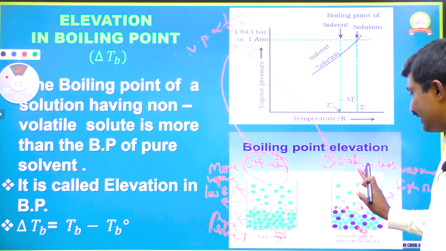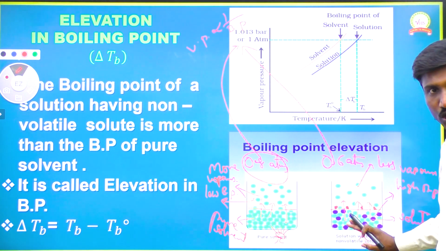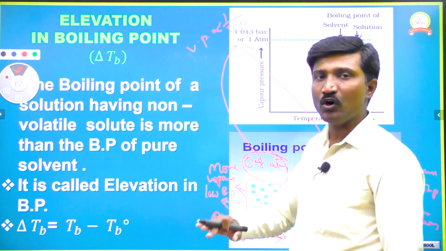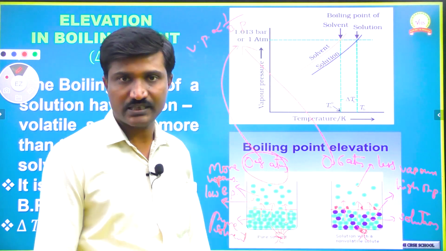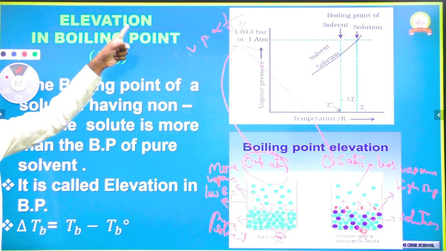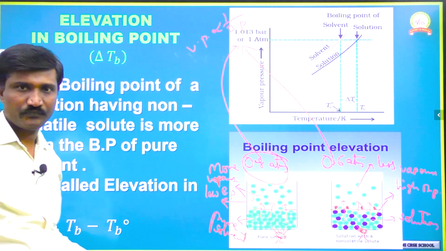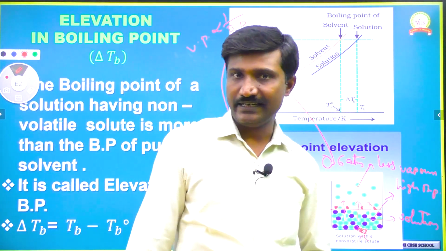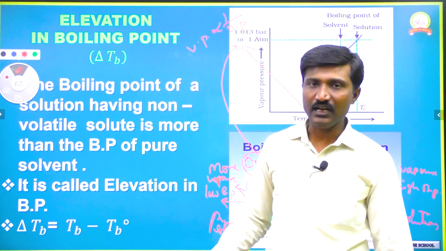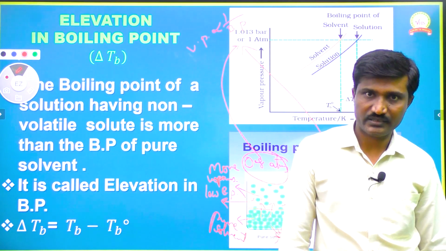That increase in the boiling point of a solution which has a non-volatile solute, compared to the boiling point of the pure solvent, is called elevation in boiling point. Elevation means increase. So the boiling point increases here. That's why we call that elevation in boiling point.